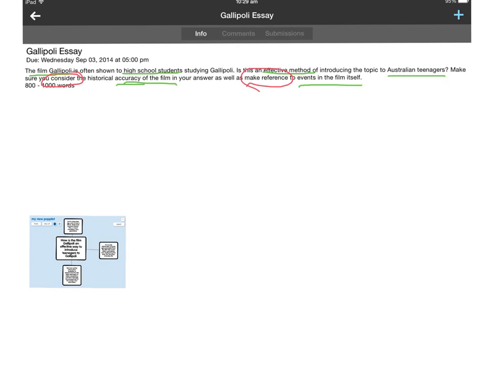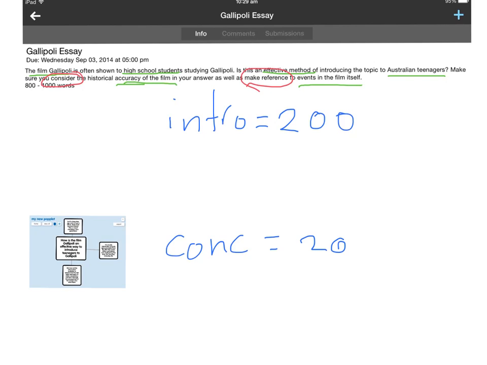So I like to work it out to say to myself, my introduction is going to be about 200 words. My conclusion is going to be about 200 words, which is the size of a short paragraph. So that's 400 words. That leaves me with 600 words to get to my maximum.